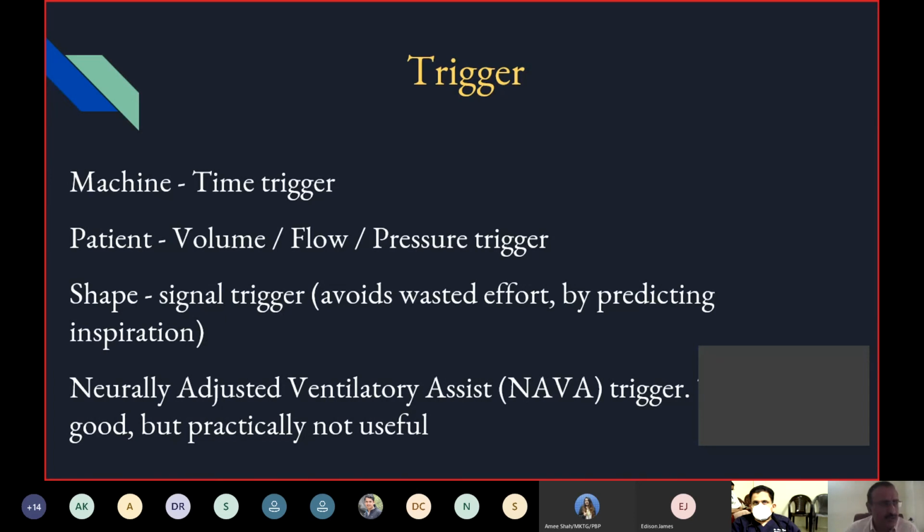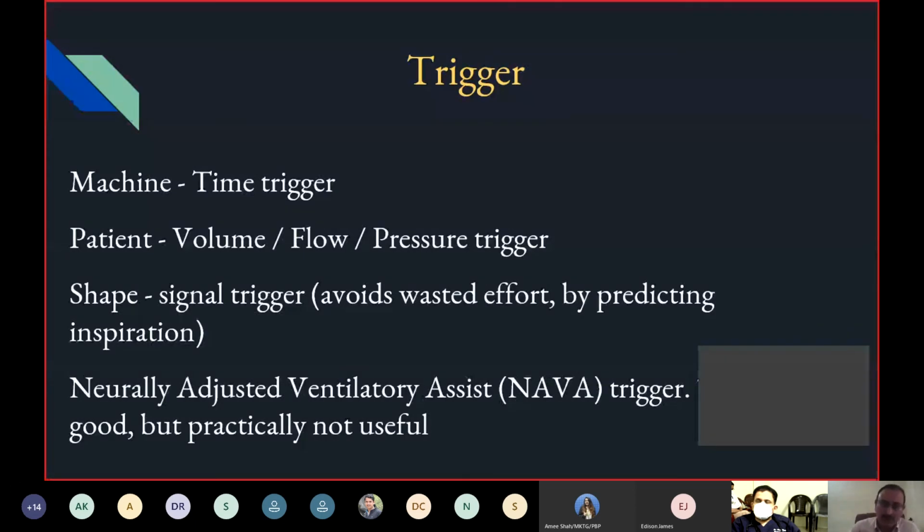Then there came a brilliant idea, probably around 2005 or so. I think it was Maquet who came up with the neurally adjusted ventilatory assist trigger. What does that mean? The patient had an EMG of the diaphragm recorded.